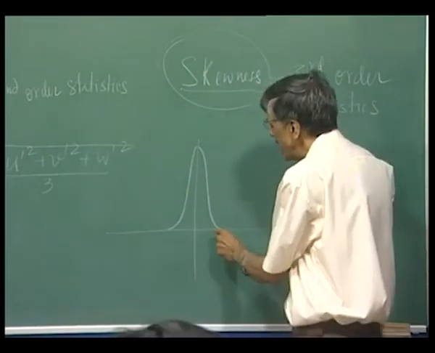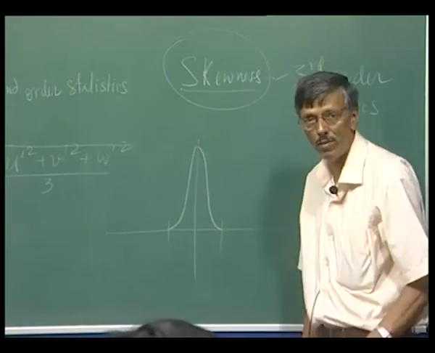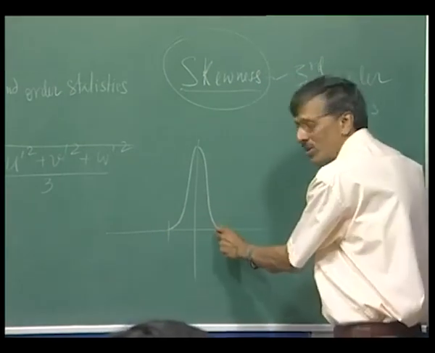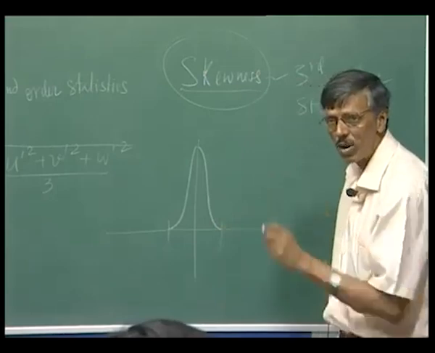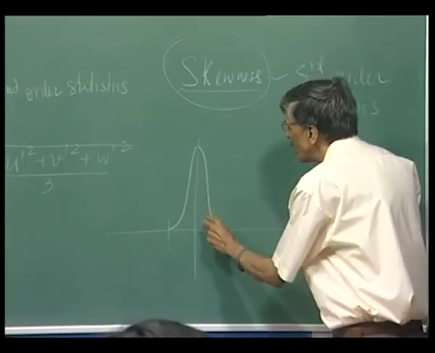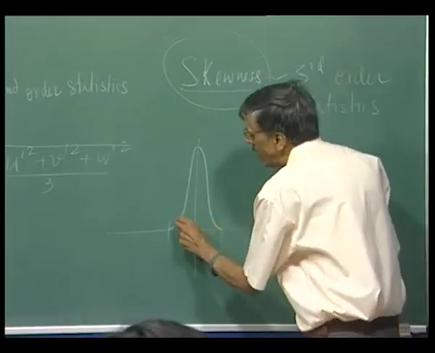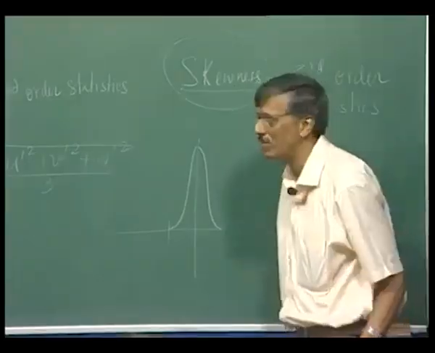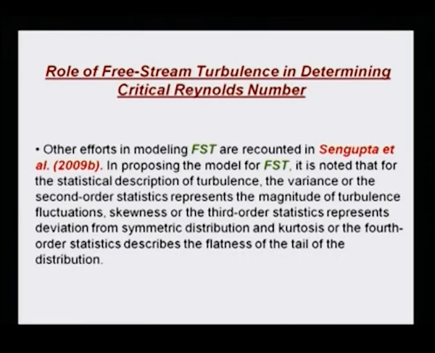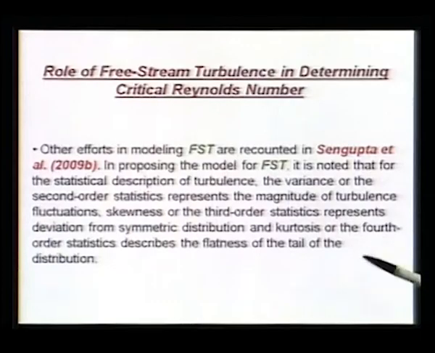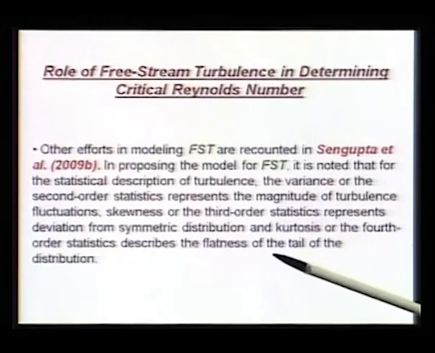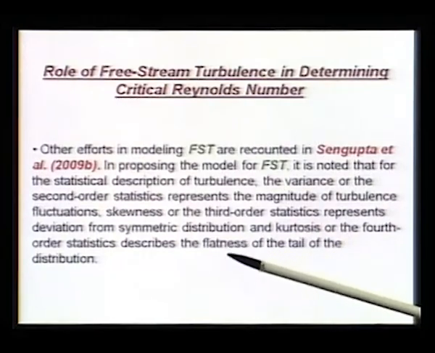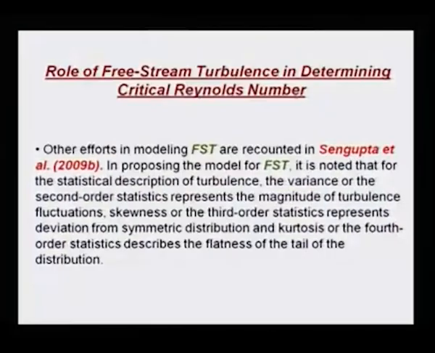We would like it to be band limited to a small number, and then become 0 and remain so, but that is not what you get. What you get is some kind of a tail at the high frequency. That is given by the fourth order statistics, or kurtosis. Okay. This is what is called the flatness of the tail of the distribution.